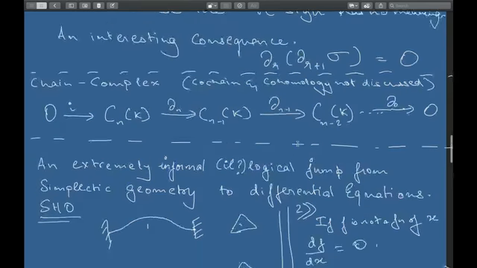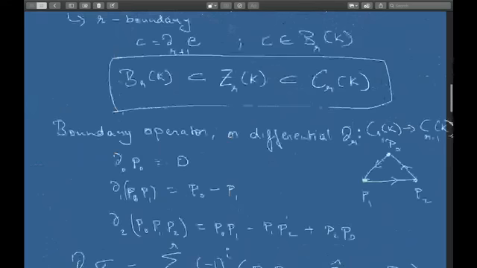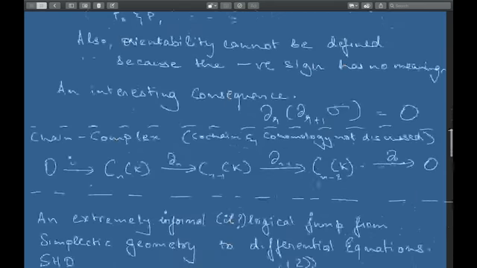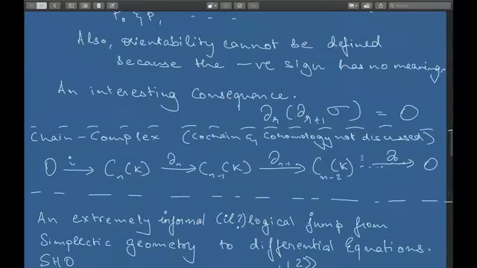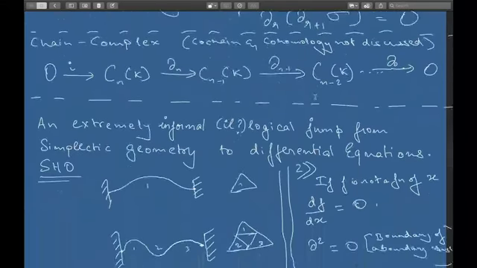So you go up in order, right? For example, you have a point, then you go up to a line segment, and from a line segment you go up to a triangle, something like that, right? It is a little bit tricky, and we won't exactly be looking into cochains here, but just keep this in mind. Cochains are nothing but a dual, some sort of reversal of the chain complex, right?